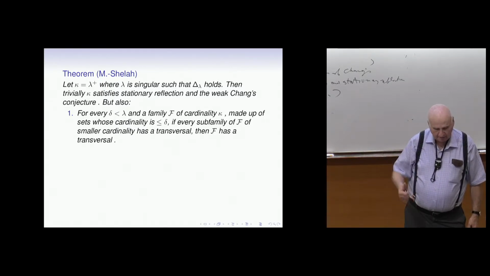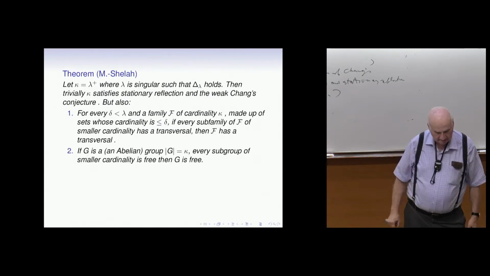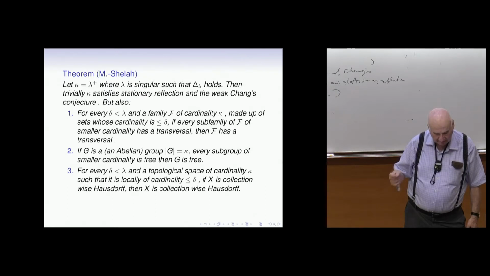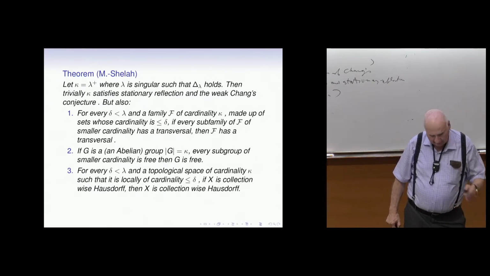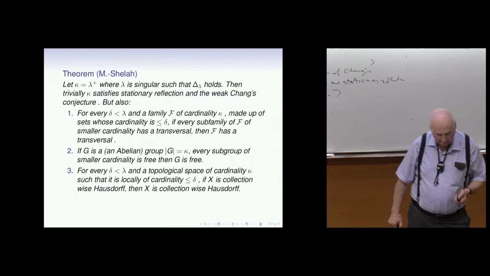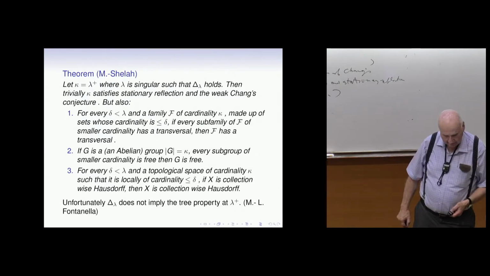For instance, you've got a family of cardinality kappa made up of sets whose cardinality is bounded below lambda. If every subfamily of smaller cardinality has a transversal, then F has a transversal. If G is an abelian group such that every subgroup of smaller cardinality is free, then G is free. If you have a topological space which is locally of cardinality delta, where delta is bounded below lambda, and every smaller subspace is collectionwise Hausdorff, then X is collectionwise Hausdorff.